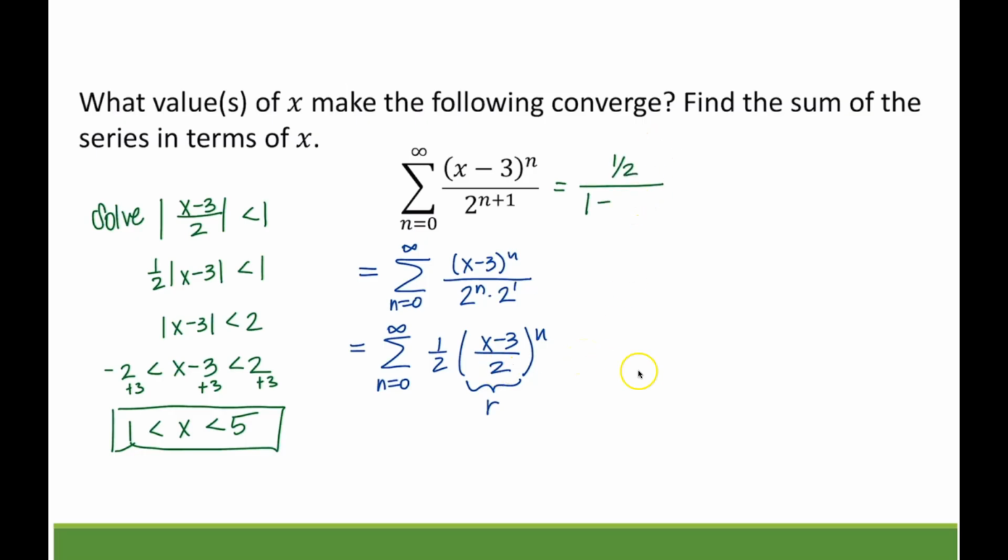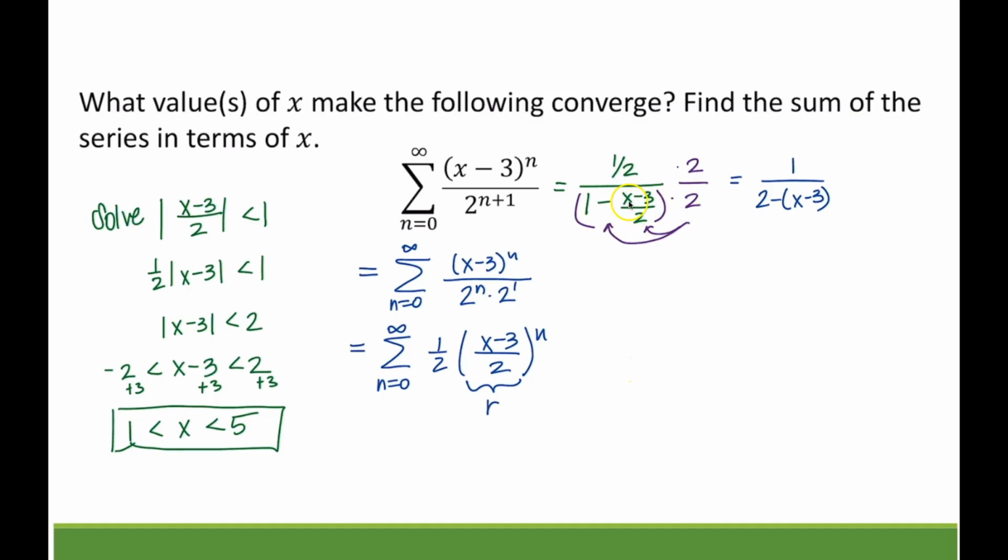So r is this (x minus 3) over 2. Now I don't want to leave a complex fraction, a fraction within a fraction, so I'm going to clear fractions by multiplying the top and bottom by 2, and that 2 would distribute to the binomial on the bottom, leaving me with 2 times 1/2 in the numerator, 1, and then 2 minus (x minus 3). So the 2 distributes here.